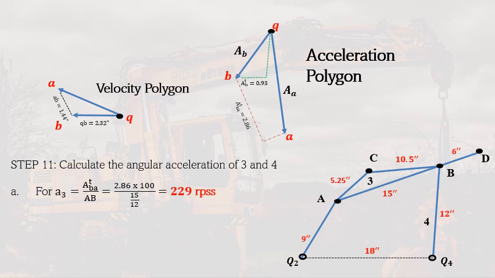And then we got 229 rad per second squared. So the angular acceleration of 3 is 229 rad per second squared. And also for the 4, the Q4B link, we measure the tangential component of B divided by the radius of gyration. We got 93 rad per second squared. So see, we were able to obtain the different unknowns.